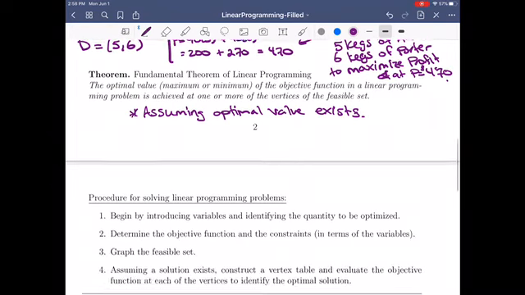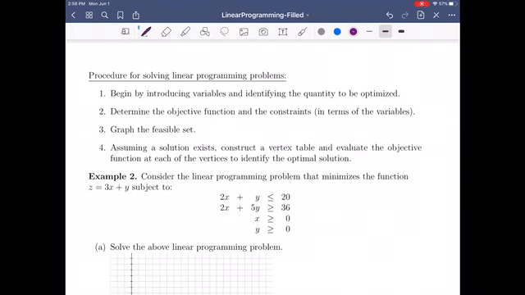Okay, so the procedure to solve these problems is if you have a word problem, you might need to introduce variables, and you're definitely going to need to know what you need to optimize.